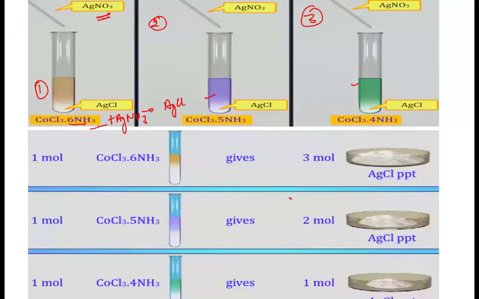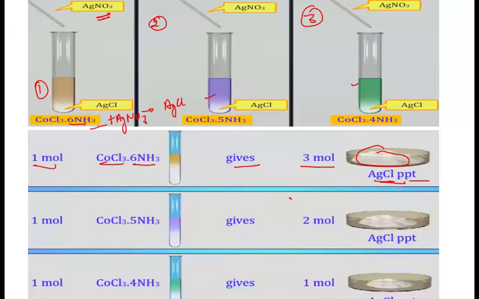That is, 1 mole of CoCl3.6NH3 gives 3 moles of AgCl precipitates, which was large in quantity, right?